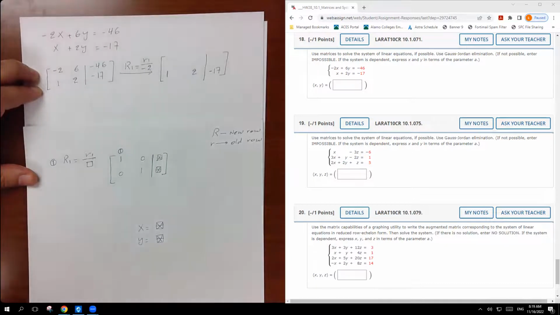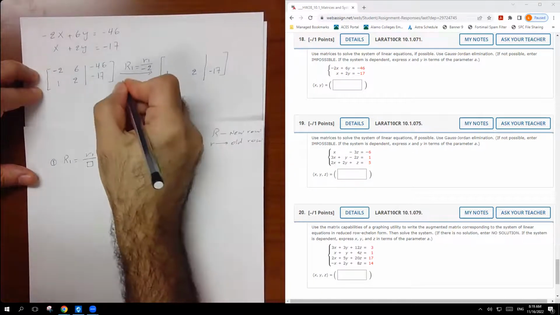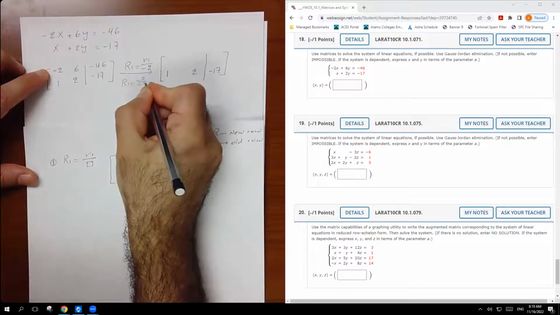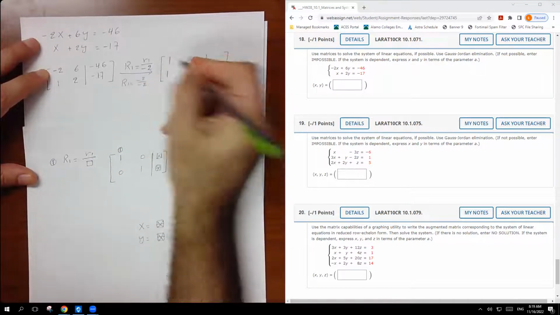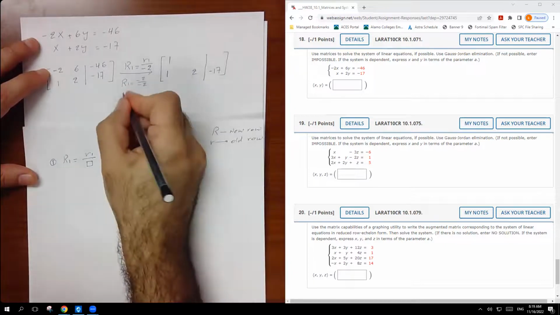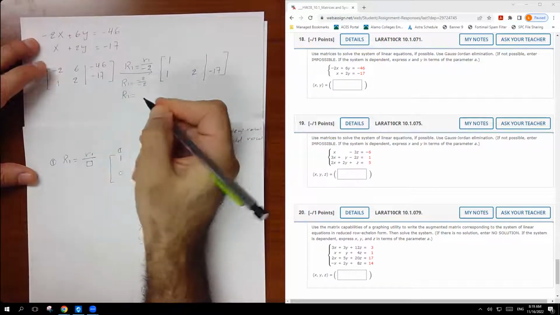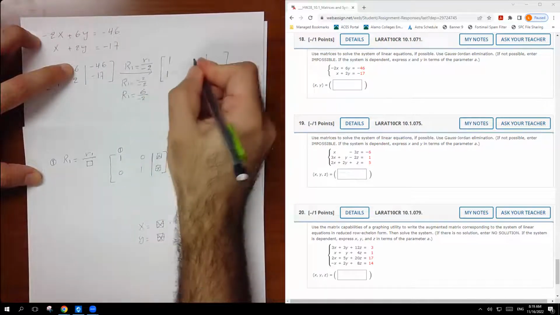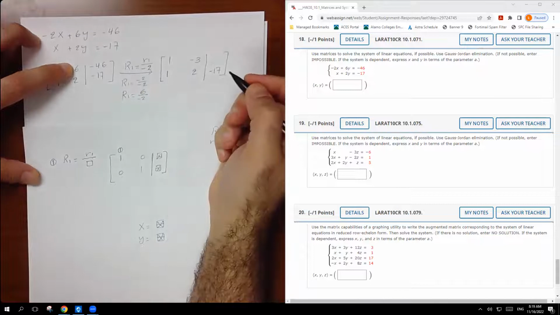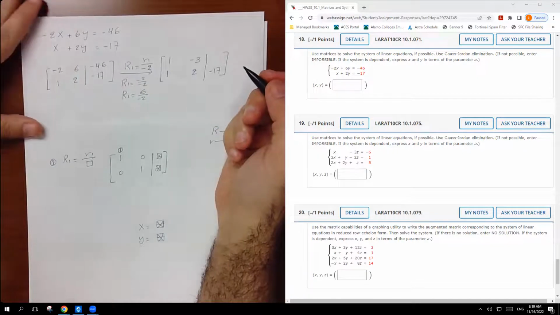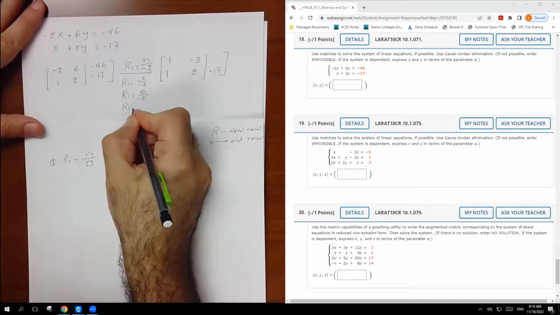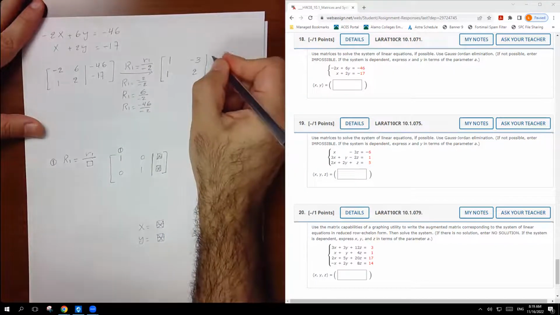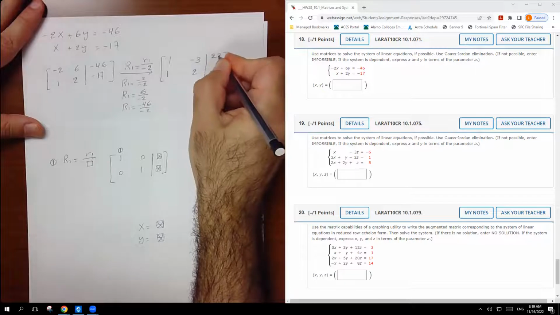The first number in R1 is negative 2 divided by negative 2, which is 1. The second element is 6 divided by negative 2, which is negative 3. And negative 46 divided by negative 2 is positive 23.